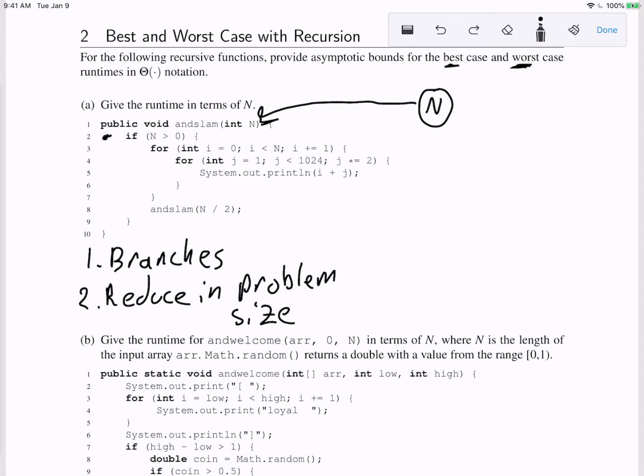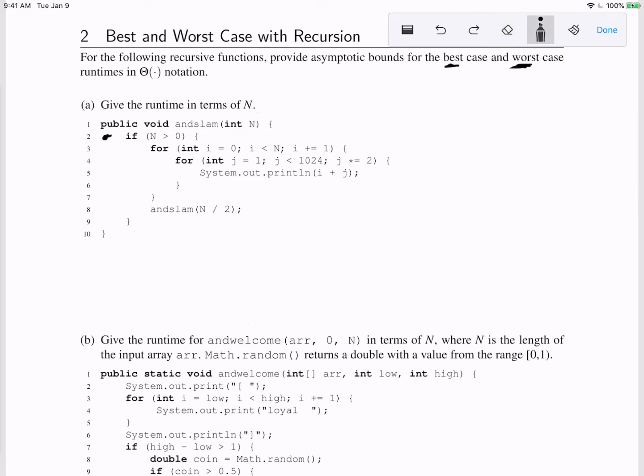What that means is this thing I've written inside this node, this n, corresponds to how big the problem is. Or you can think of how big the parameter or variable is. So if someone calls slam on some number n, they've given us this problem, and now we need to compute that.